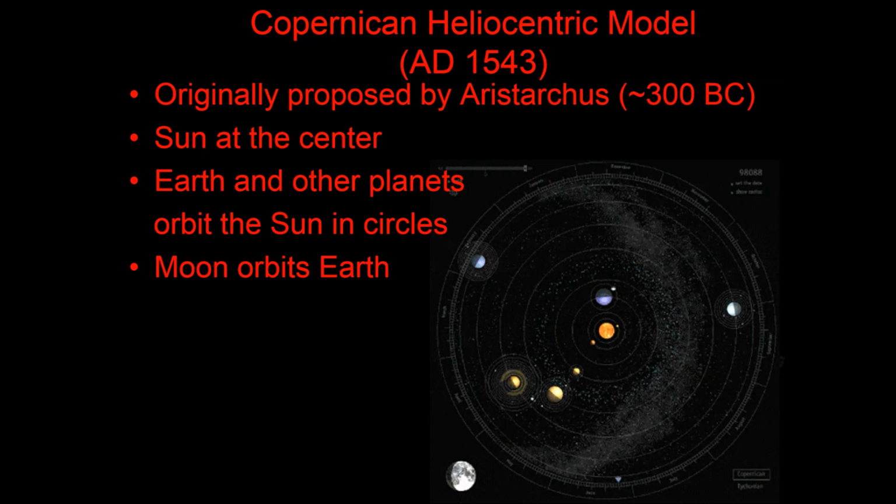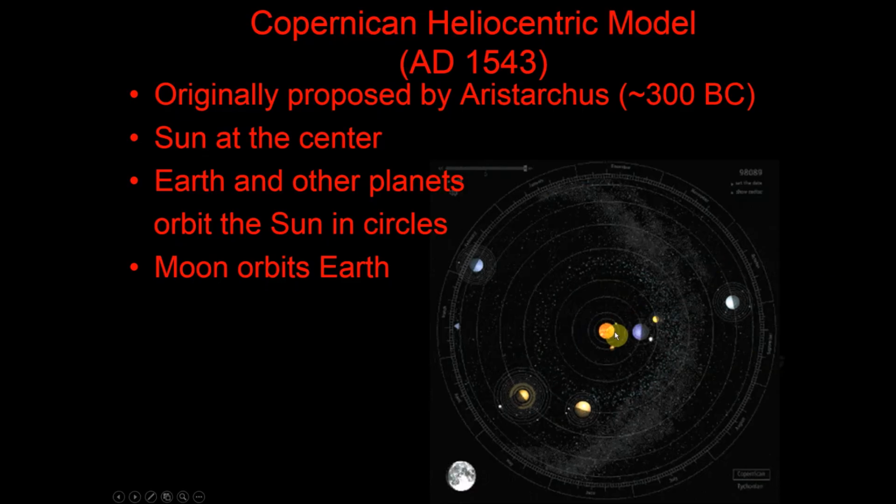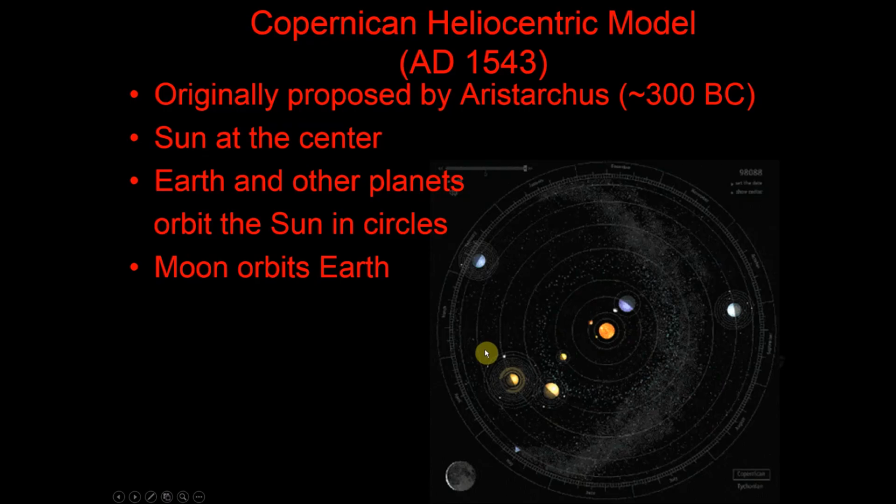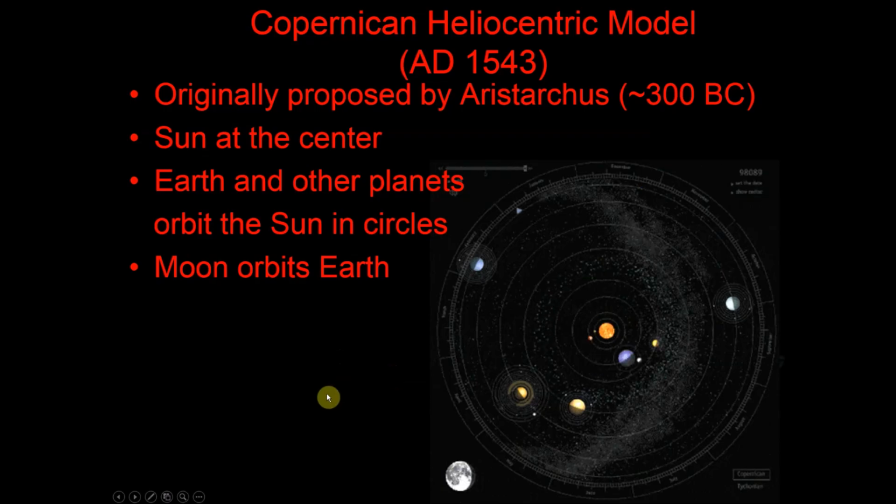And this is really the system that we know today is correct. So the Sun is here at the center of the solar system, and then we have Mercury, Venus, Earth, Mars, asteroid belt, Jupiter, Saturn, all the way out to Uranus and Neptune, with the Moon orbiting the Earth to account for the motion of the Moon. So the Moon here is not a planet in its own right, it does orbit the Earth.